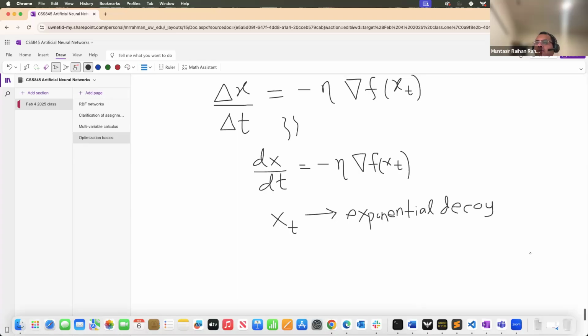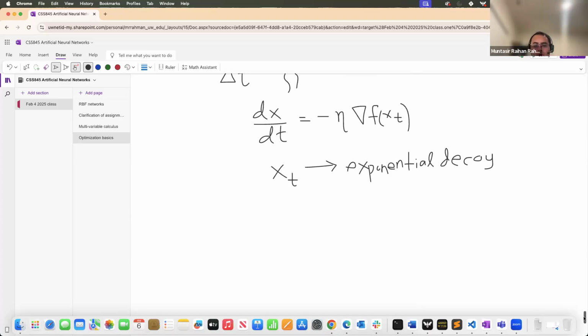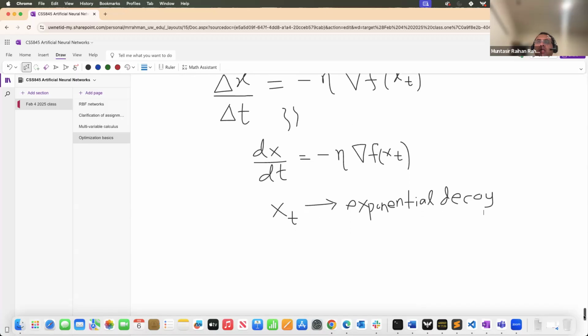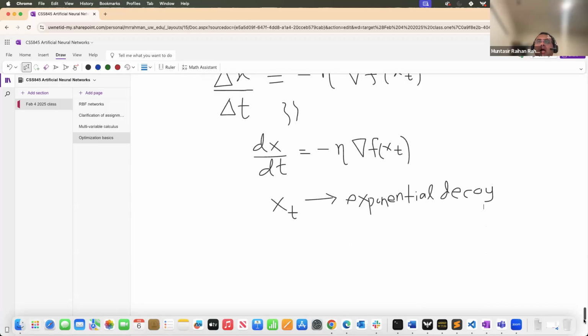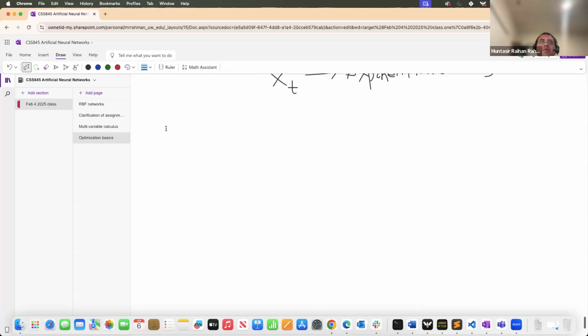That gives you an idea of the convergence property of gradient descent. We'll talk more about convergence maybe next class, just to give you an idea of what to think about here. Let's look at another perspective of this.